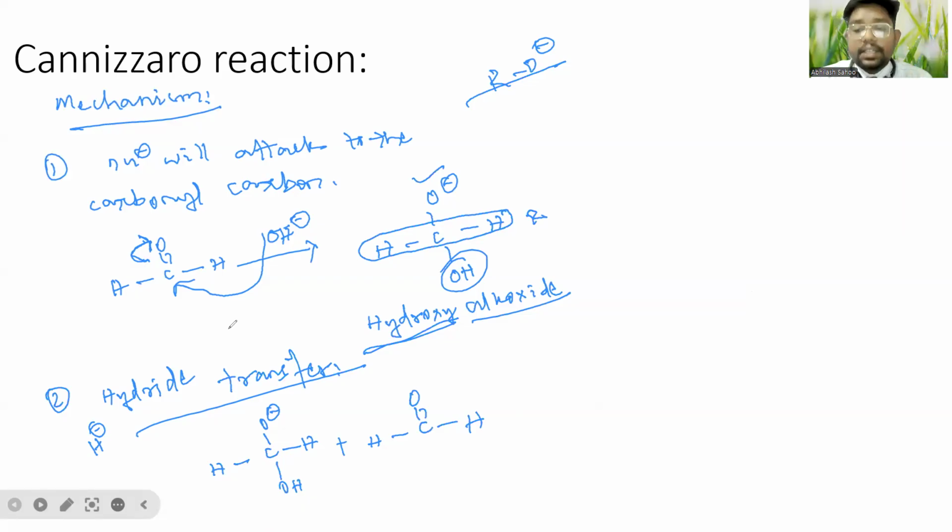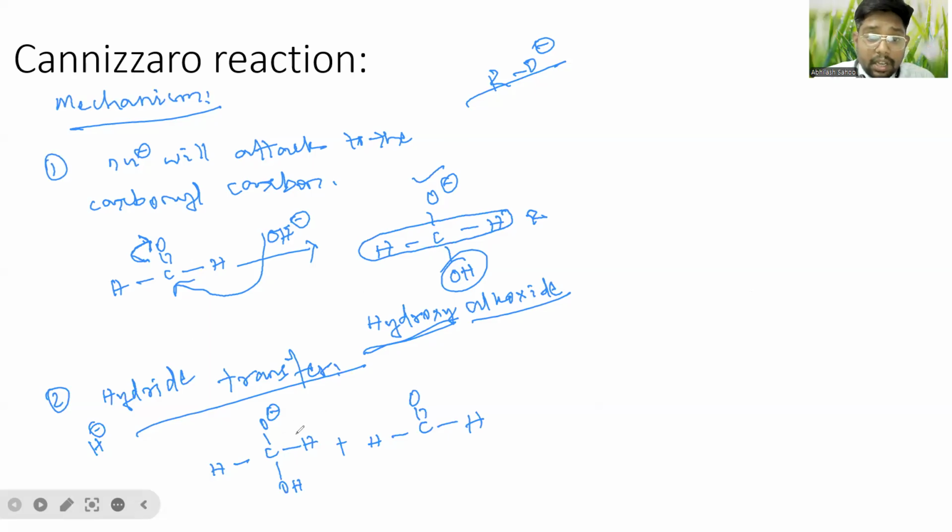Let's say it is negative charge over oxygen, oxide. Then negative charge over halogen, halide, like fluoride, chloride, bromide, iodide. Similarly nitride, phosphide, carbide. Similarly, when negative charge comes over hydrogen, it is hydride.